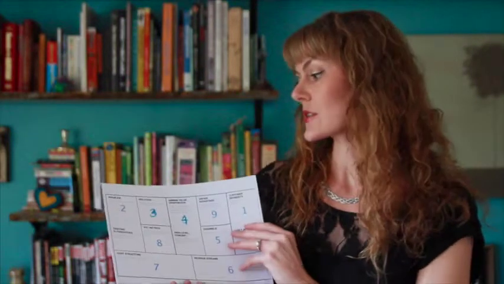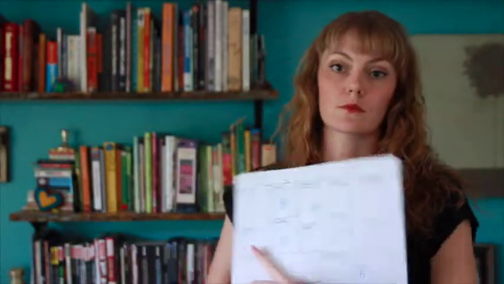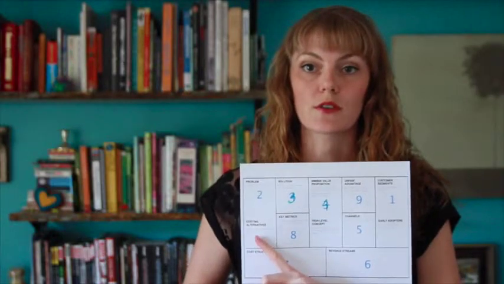Number 2, problem. List 1 to 3 problems that you solve for your customers. Okay, so next I want you to fill out the problems on your business model canvas. And I'm not talking about the problems that you have as you're starting a business. I'm talking about what are your customers' problems that you can solve.